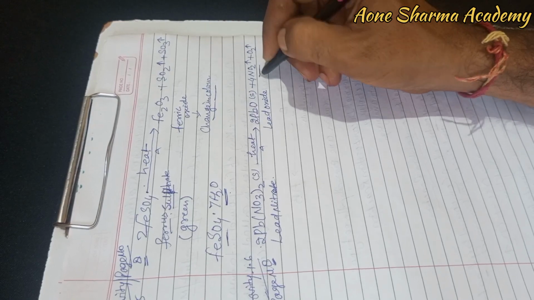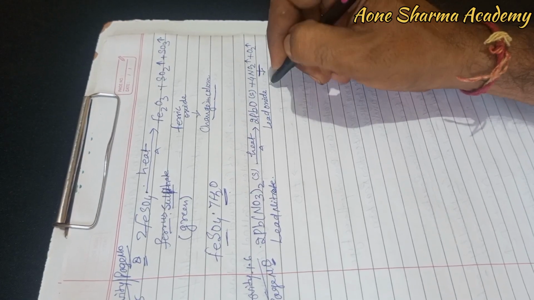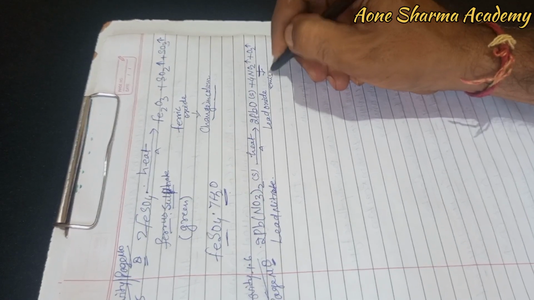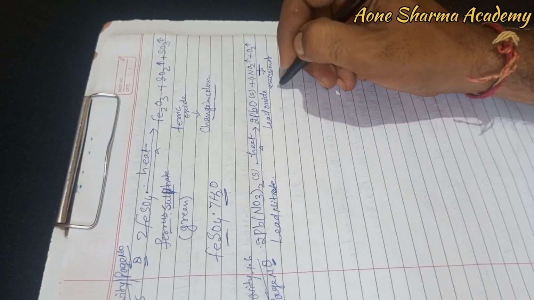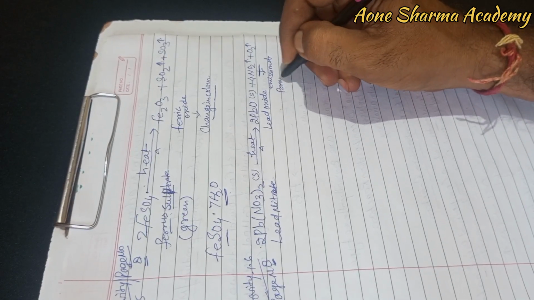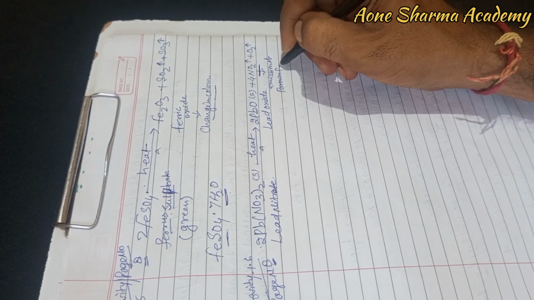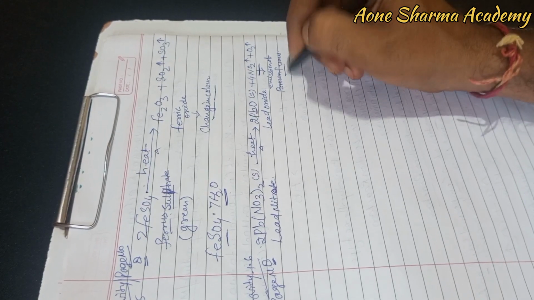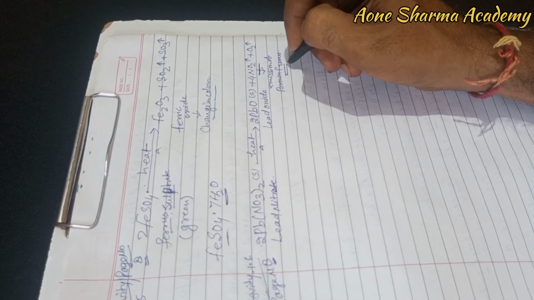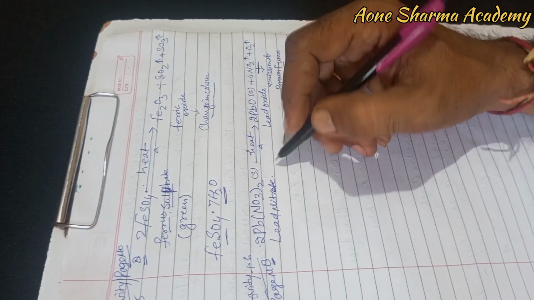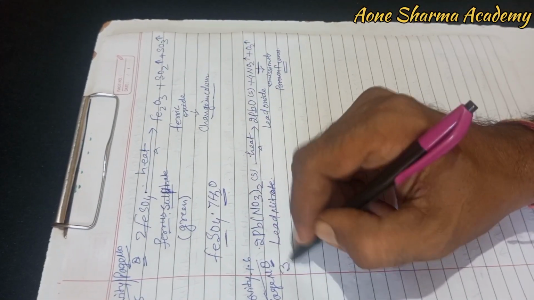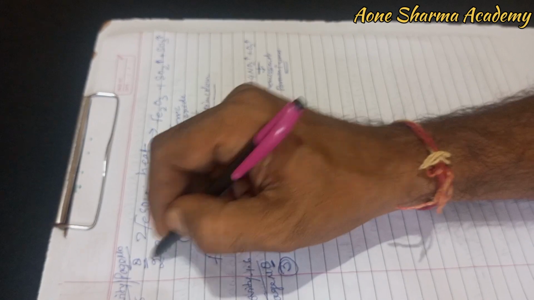Nitrogen dioxide gas is an emission of brown fumes. This is our third example.